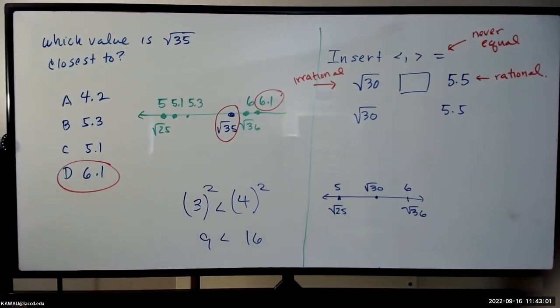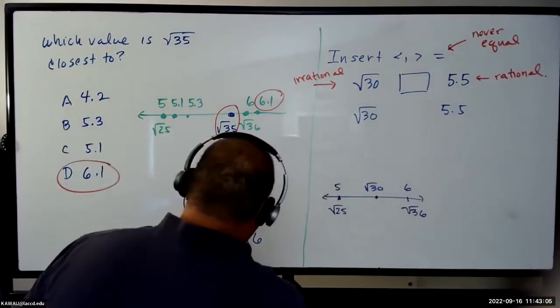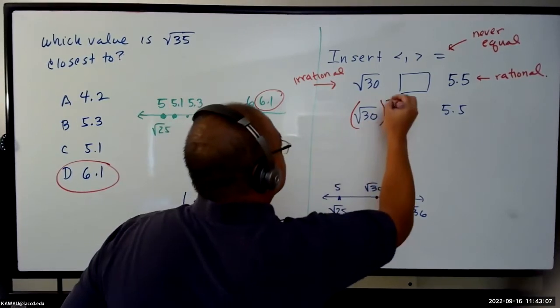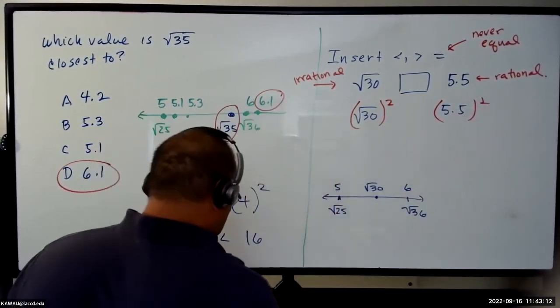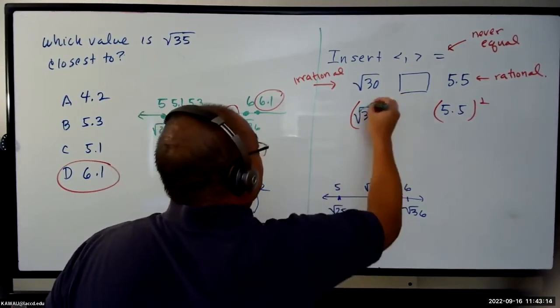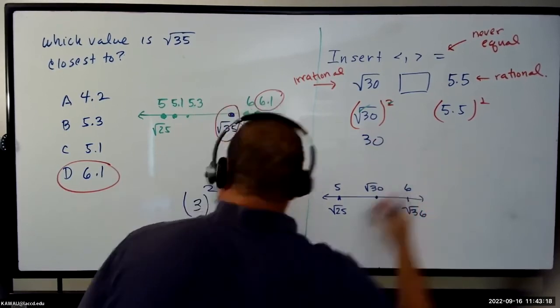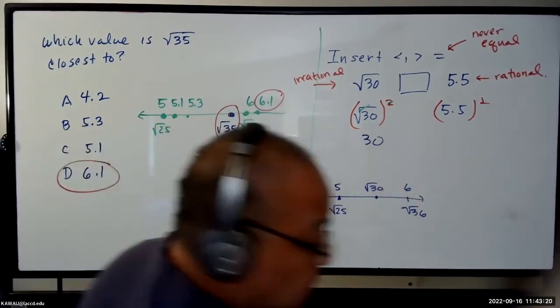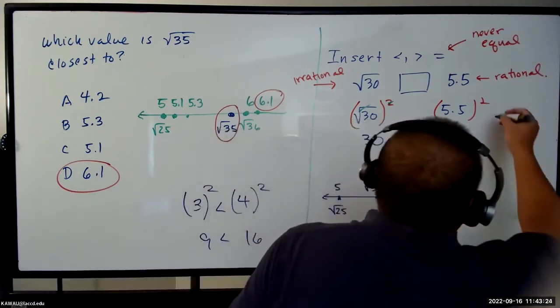So the easiest way to figure it out if they're really close is to just square both sides. The square and the square root cancel each other out and I get 30. And over here, remember, you have a calculator. It doesn't have exponents, but it does allow you to do multiplication.